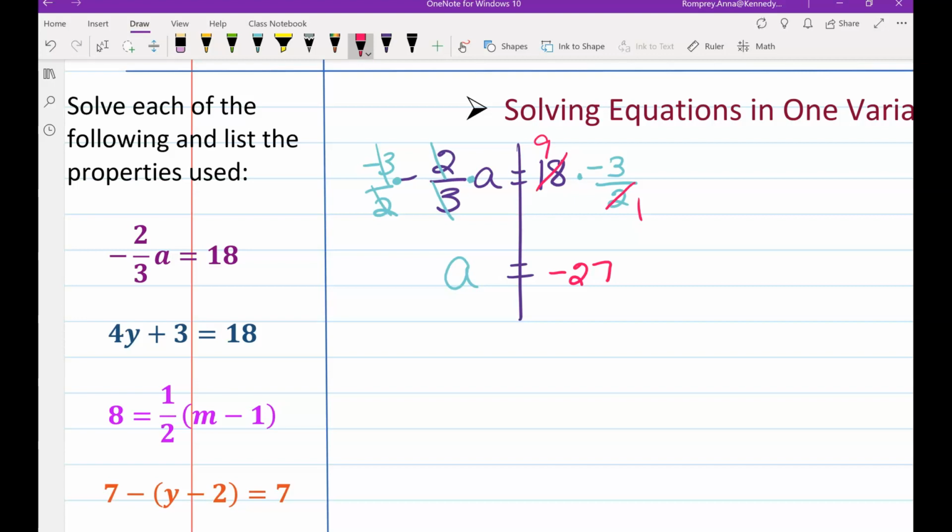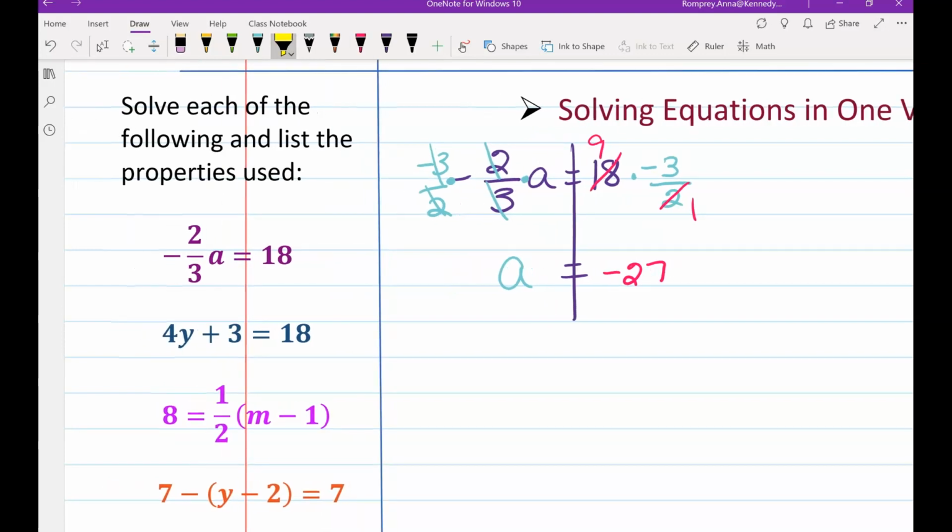Well, let's try it out. If we have negative 27, if I were to plug back in, I'm going to attach this negative to the 2. So negative 2 times negative 27 gives me 54. 54 divided by 3, 18. Awesome sauce. All right, so a equals negative 27. Oops, I didn't read directions. This told us to solve each of the following and list the properties used.